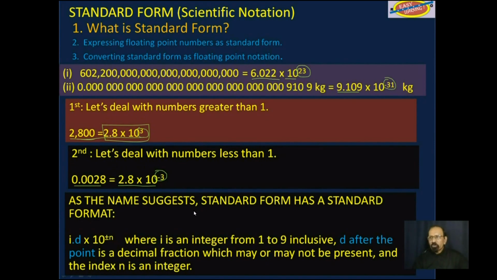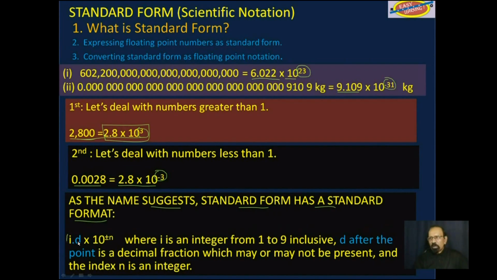As the name suggests, remember we are trying to understand why this kind of notation is called standard form or scientific notation. As the name suggests, standard form has a standard format.